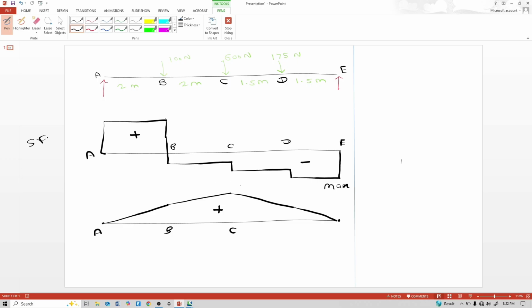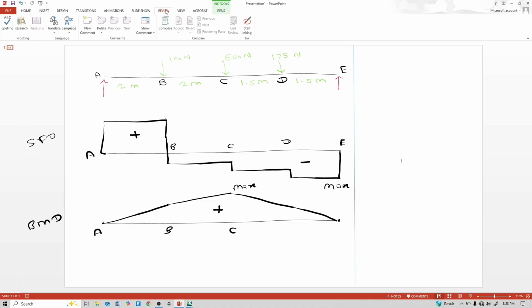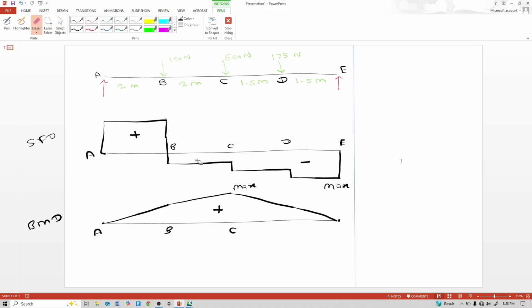This is SFD, this is BMD, and here the maximum, as per my judgment, because deflection is maximum at point C, and at mid there is C. As per my judgment, here it is maximum, so we redraw the diagram like this.